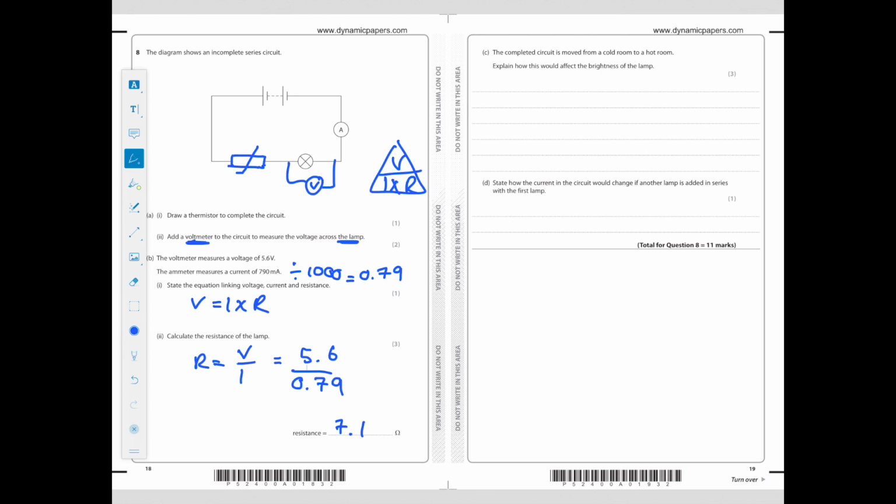The completed circuit is moved from a cold room to a hot room. Explain how this would affect the brightness of the lamp. So we're increasing the temperature, and we know we have a thermistor. So how does increased temperature affect the thermistor? You must just learn that increasing the temperature decreases the resistance of the thermistor.